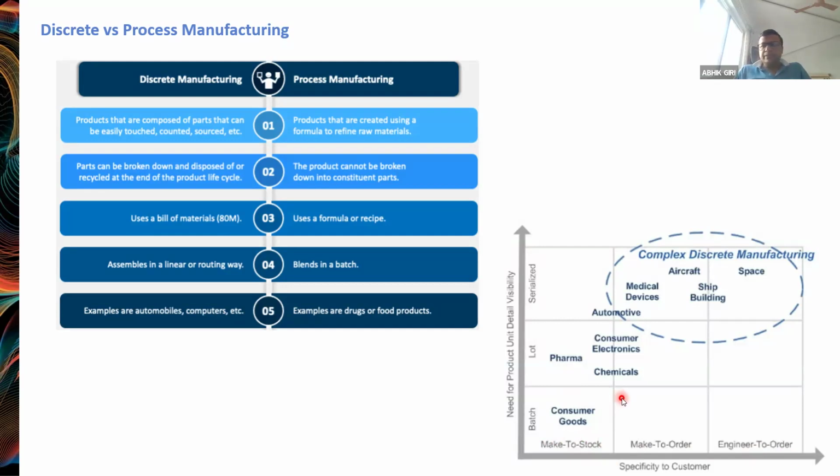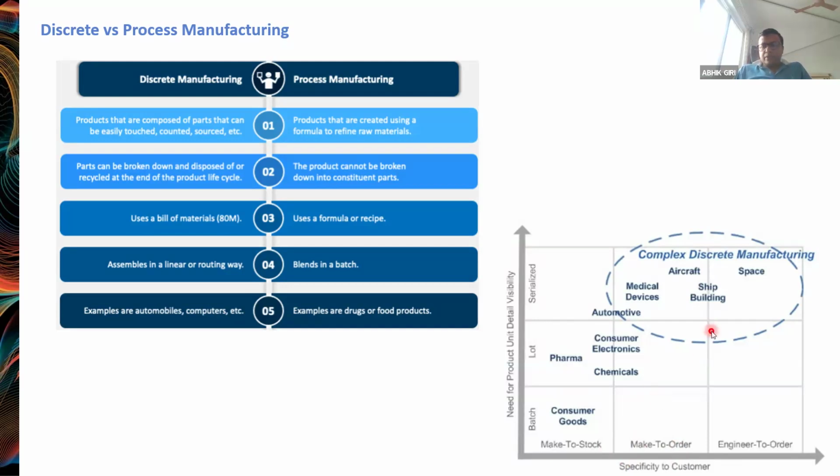People will use detergent or toothpaste no matter what the market situation is. Now the next one is make to order. Make to order is where you build those materials only when there is a requirement, or based on your demand. A particular brand of mobile phone, for example, could be make to order. That is, you make only when there is a demand.